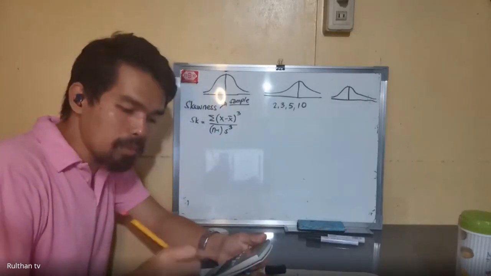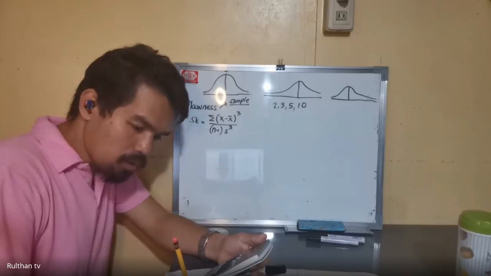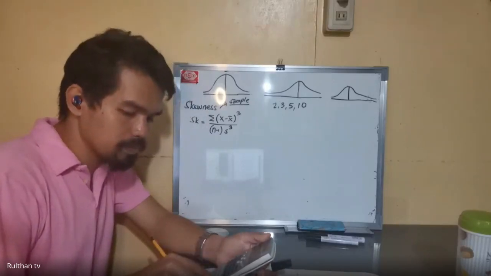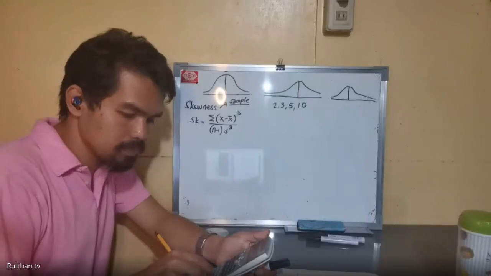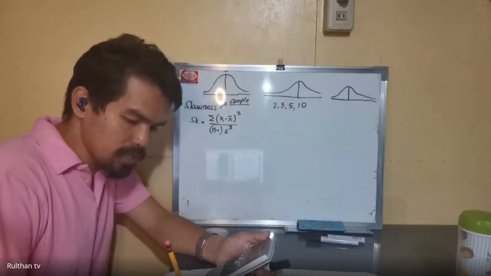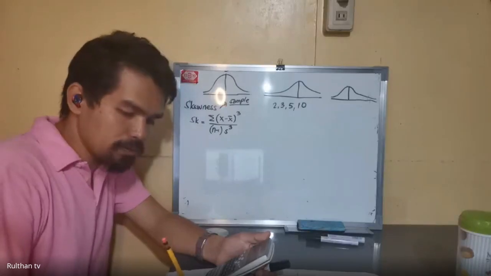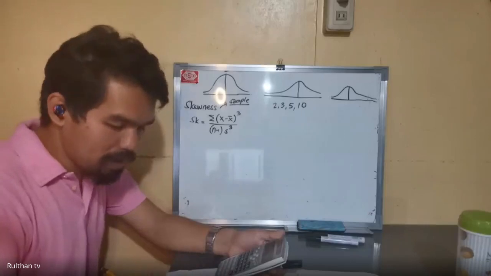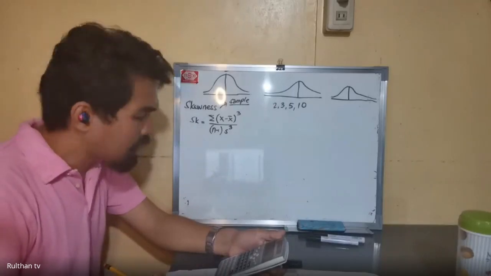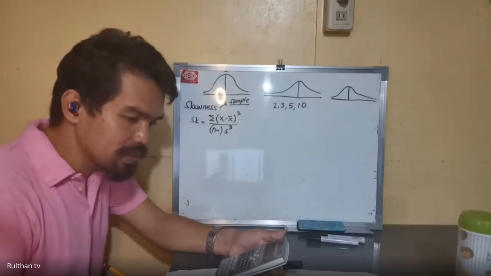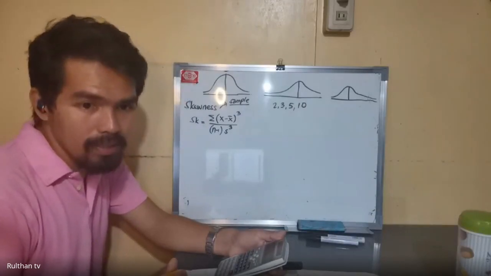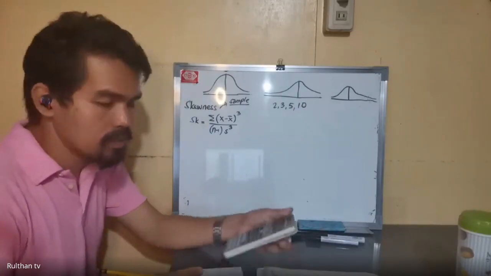Our variance is 12.67, while our standard deviation is 3.56. Okay? Please forgive me, I am already confused with my solution. So we have already our values. Our standard deviation is 3.56.